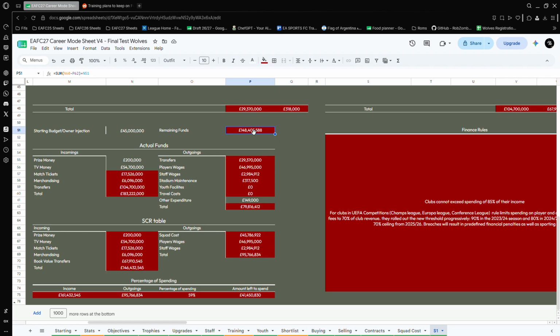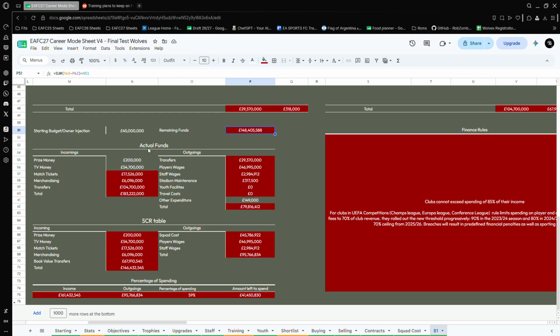The remaining funds all come from the incomings and outgoings to work out a total for you. So if that was your starting budget of 45 million, it's going to tell you how much you've got to spend. So if you didn't want to do the SCR stuff, you've got 148 million to go spend, and that includes wages and transfer fees combined. So that's kind of like your budget.